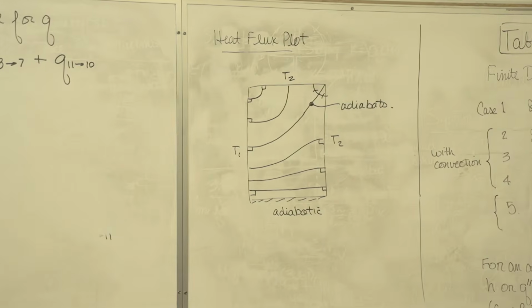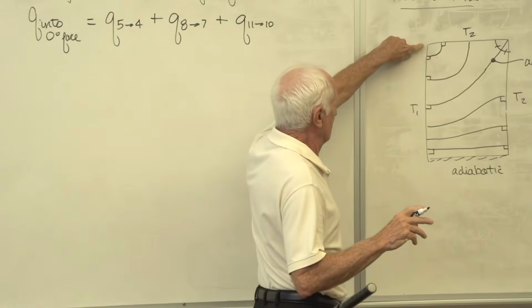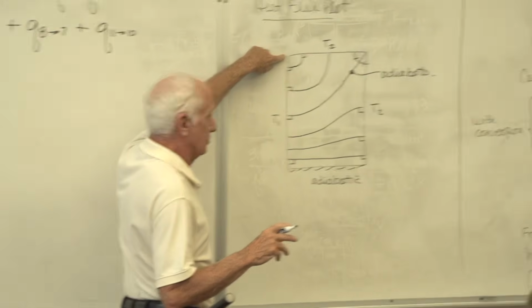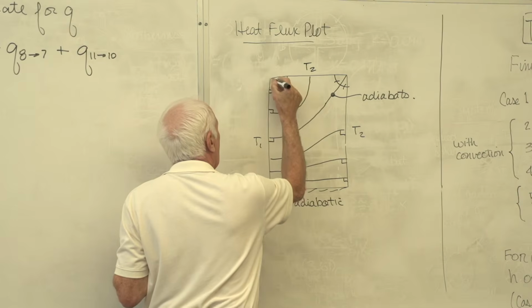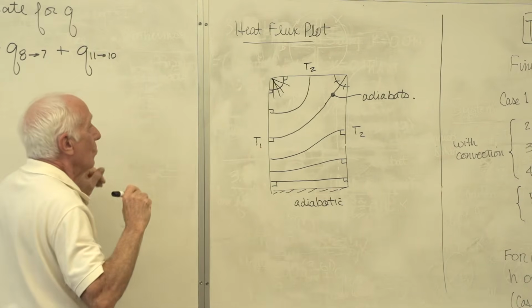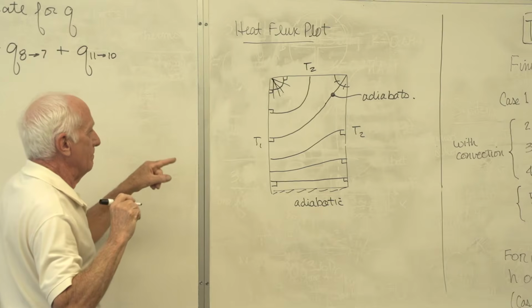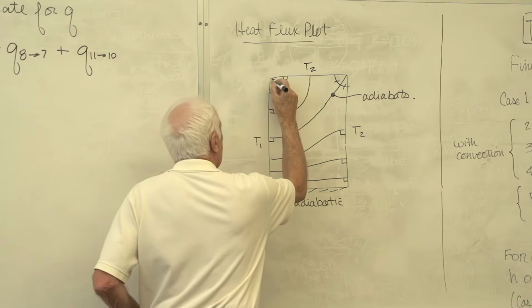Now we'll draw the isotherms. We did it twice before. The isotherms that come out of a corner where two different temperatures are there at the corner, T1, T2, they come out in a fan pattern. Like that. Okay, good. When the isotherms get to an adiabatic boundary, it says they come in at right angles.